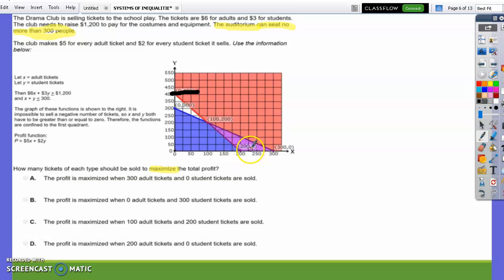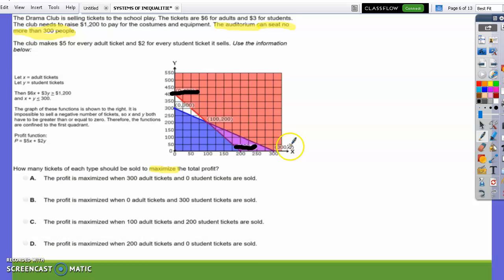Down here, we have 200 adult tickets, 0 student tickets. And though this is a possibility, it probably won't maximize our profit. All right, it probably won't be the biggest because we're not selling out all of our seats. So I'm not going to use 200 and 0.